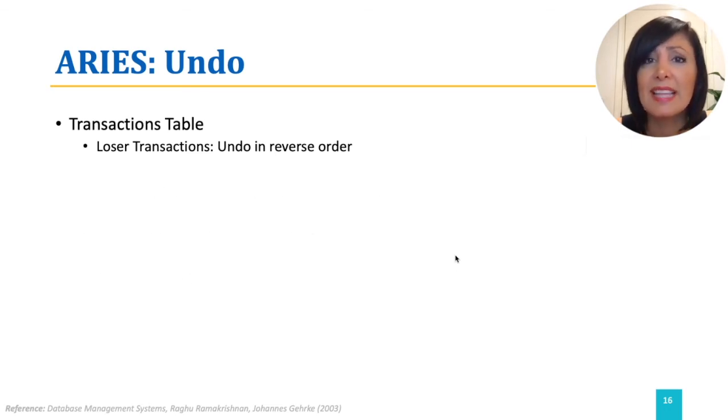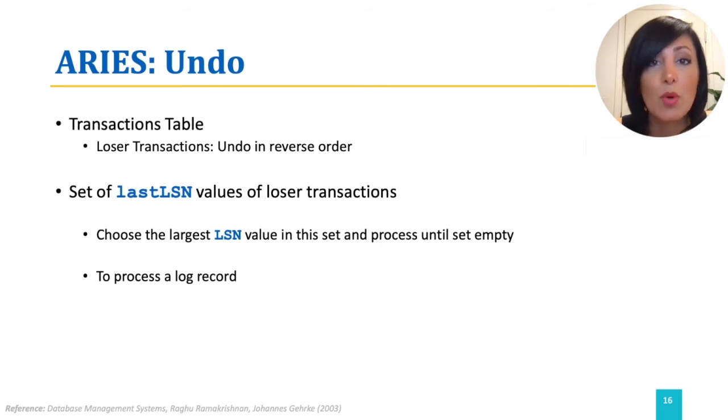Remember that last LSN was the pointer from an entry in the transaction table to the most recent log record for that transaction. To perform the undo, Aries repeatedly chooses the largest LSN value in the set of loser transactions for processing until the set is empty.